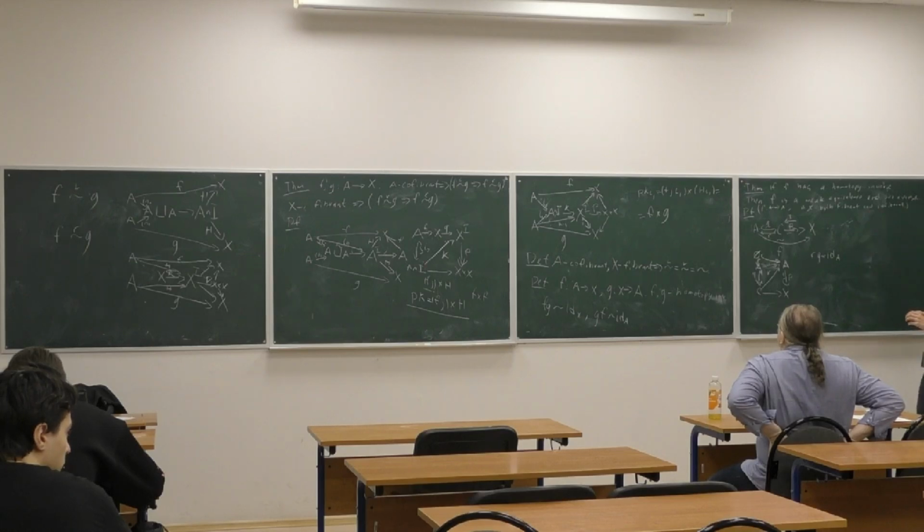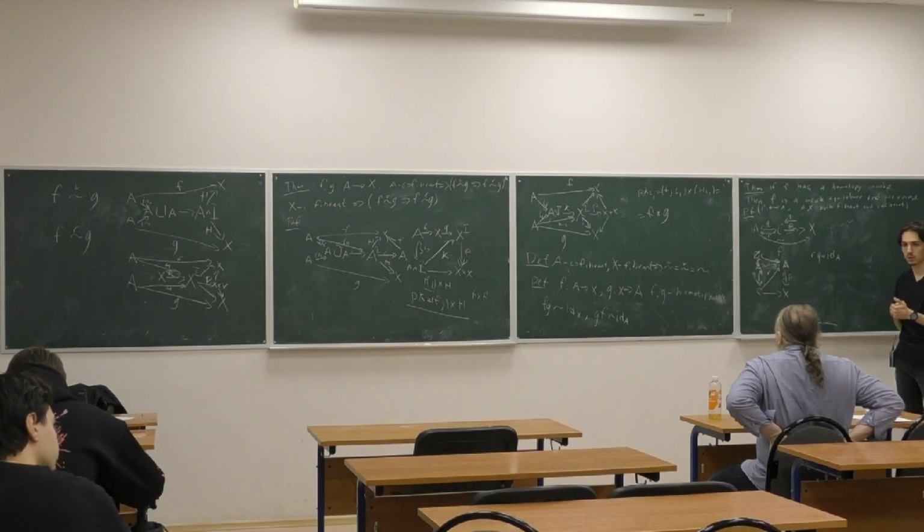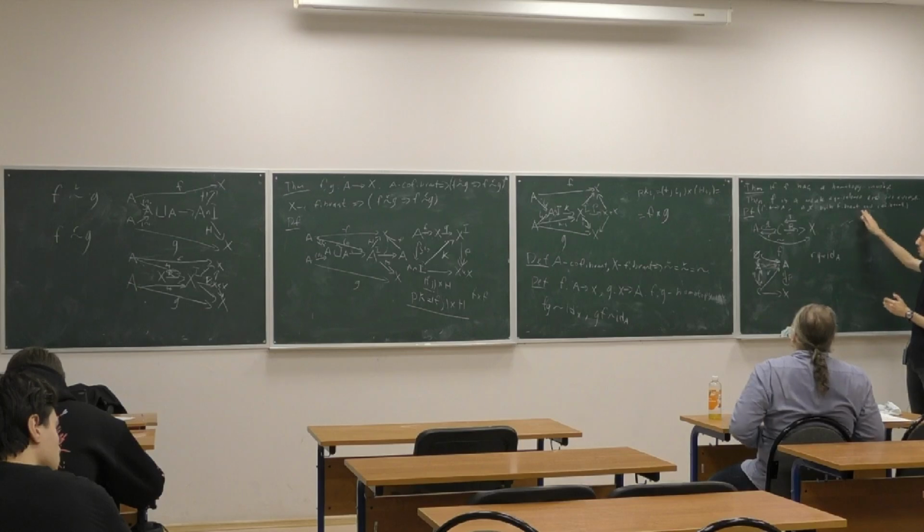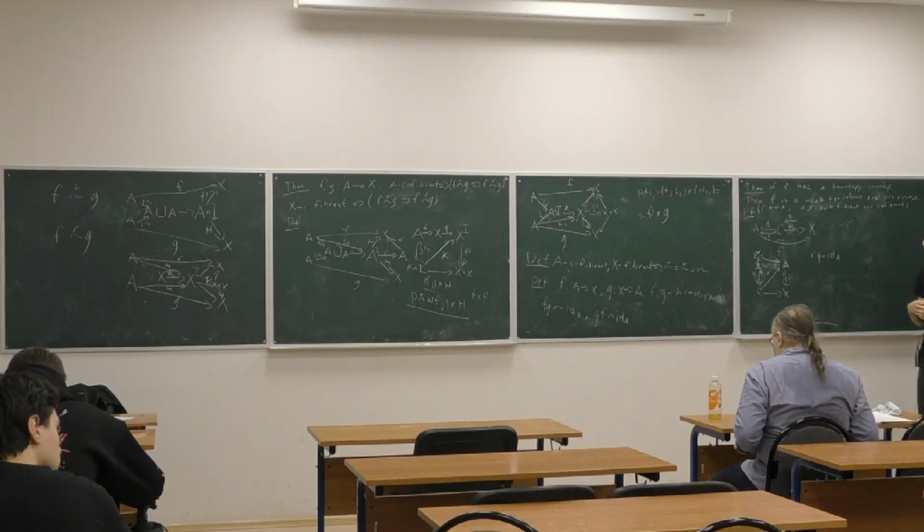So this definition only makes sense for objects which are both fibrant and cofibrant. Yes, and this is why I forgot at first, but this is the condition for the theorem to work.